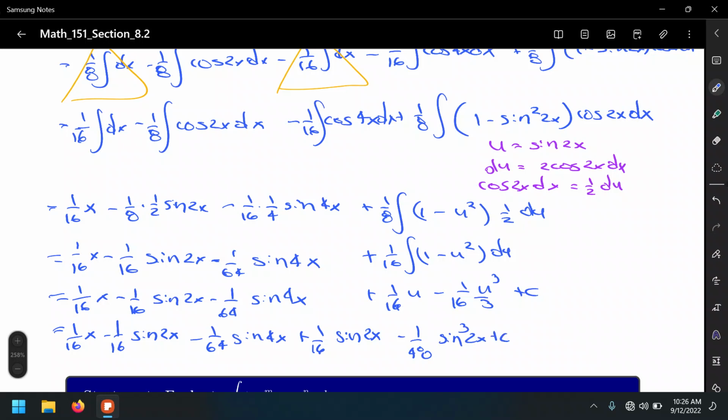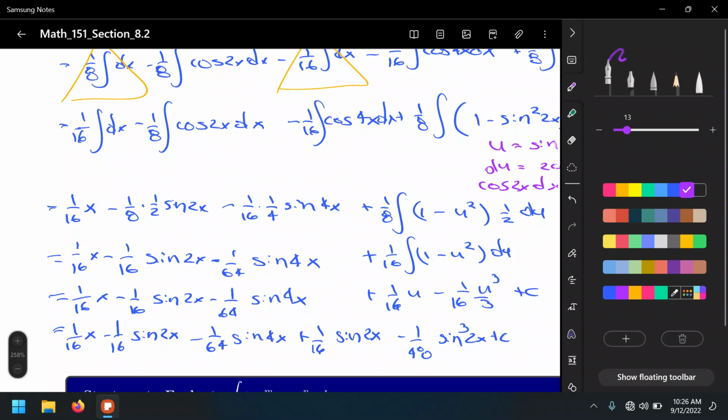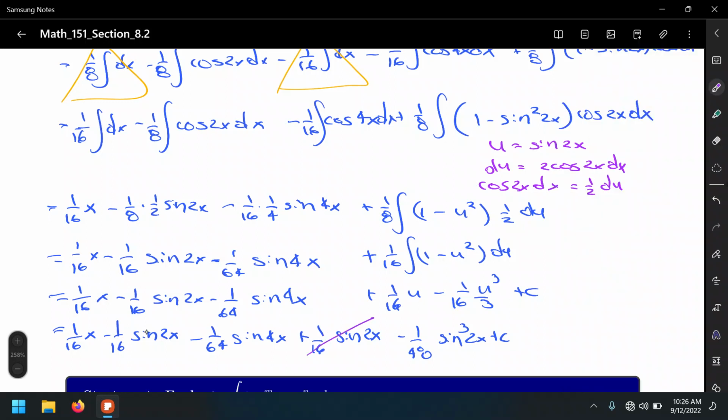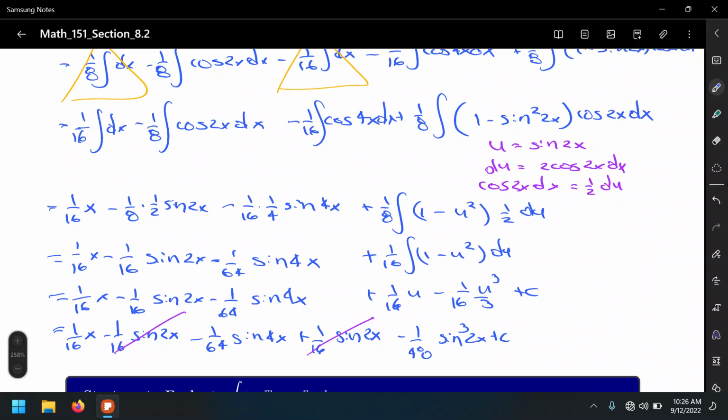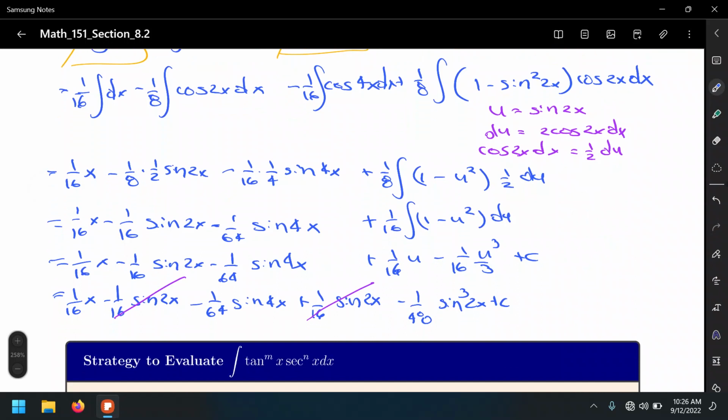Alright, but check this out. This is going to get a lot simpler because these two terms are like terms. And our final answer will be, do I have enough space? Okay, let me make some space.